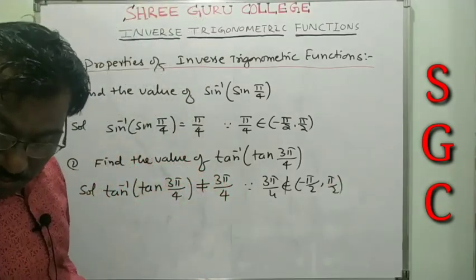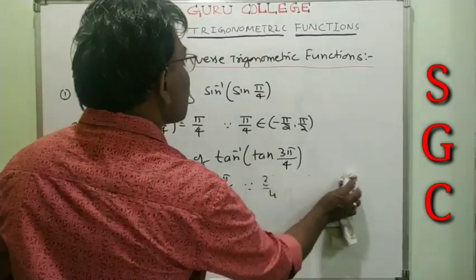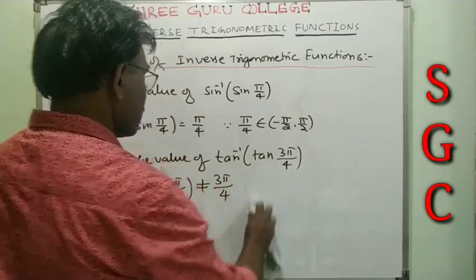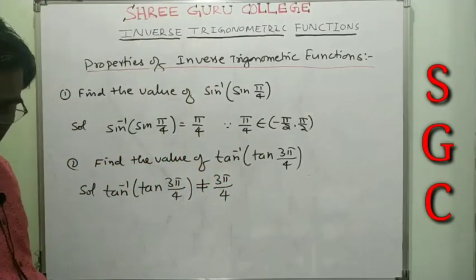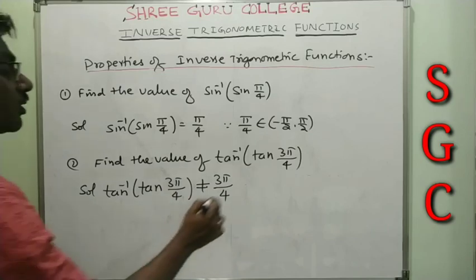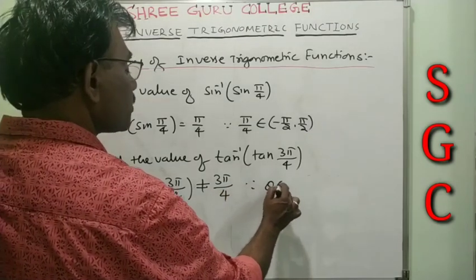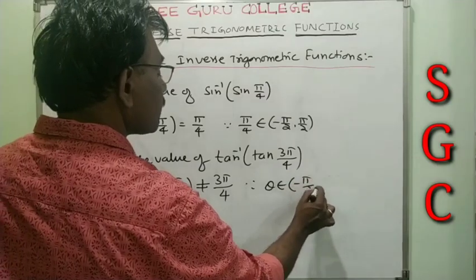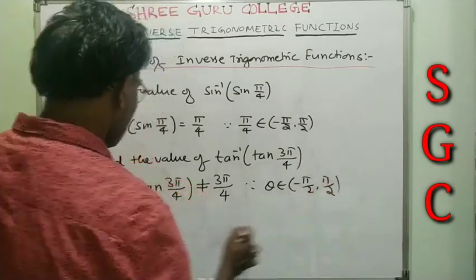So this is not equal to 3 pi by 4, because theta lies between minus 90 to plus 90.